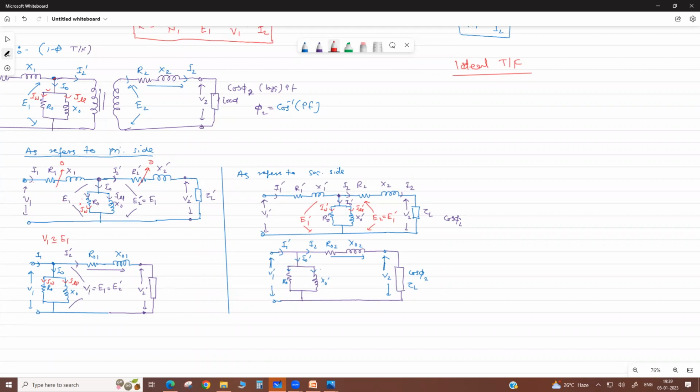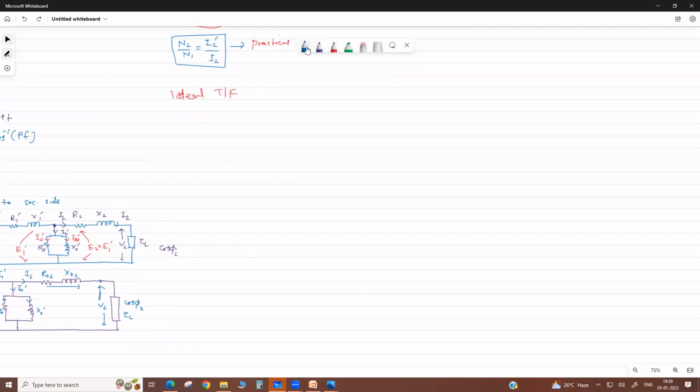Then the core also has infinite permeability and no core loss, which means this branch is also not there. Can you draw the equivalent circuit of the ideal transformer at no load?